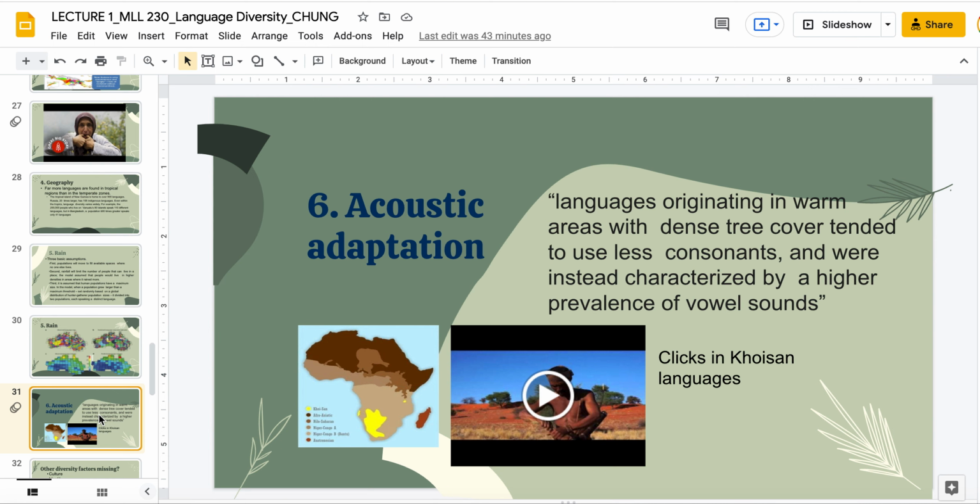Because if there are so many trees, I'm not going to hear the difference between a P and a B or a T and a D, right? I'm going to be able to say, okay, I can kind of figure out what you're saying by these vowel sounds. Or maybe these clicks were developed to be a little bit more of a drastic pronunciation in this language.